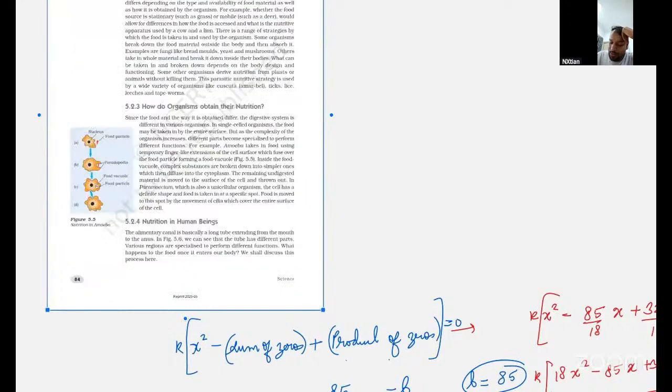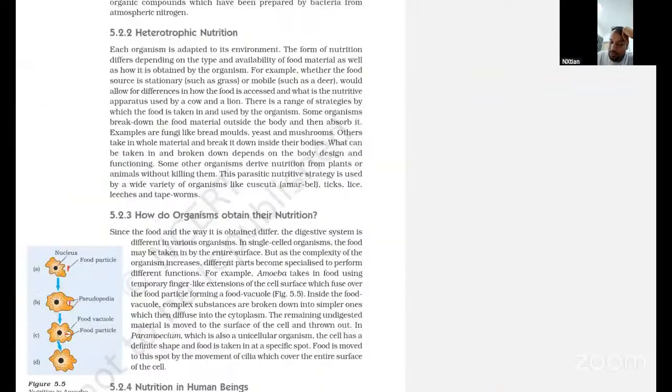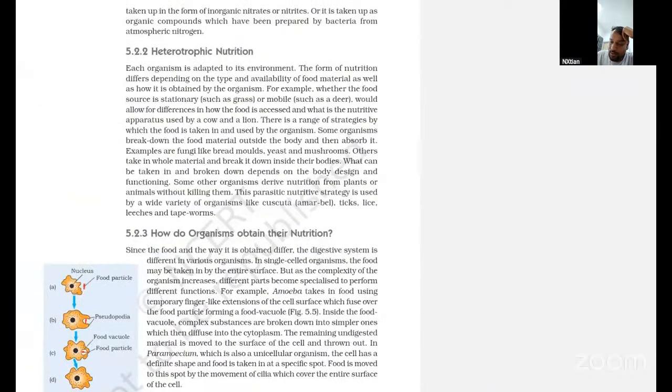Now today we'll start heterotrophic nutrition. What do you mean by heterotrophic nutrition? Hetero, what is the meaning of hetero? Hetero means depends upon others for their food.